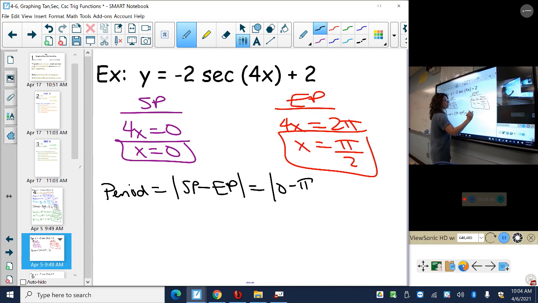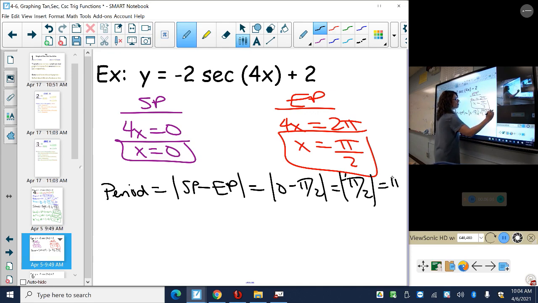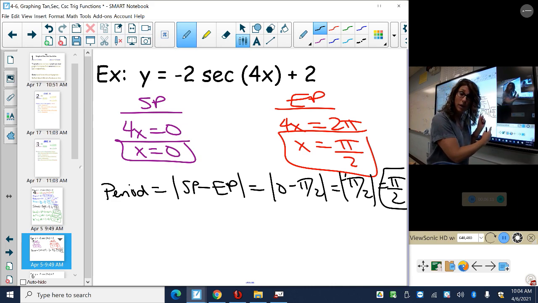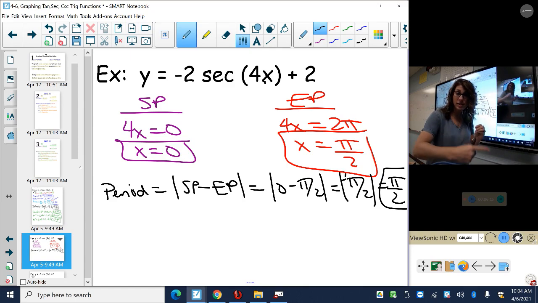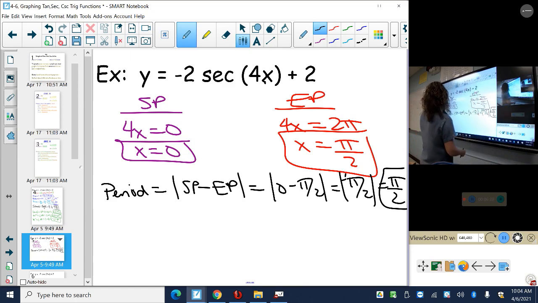So that's 0 minus pi over 2, which is negative pi over 2, which is just pi over 2. So I know I'm right. Okay? I didn't need to do this step because I wasn't adding or subtracting anything in the parentheses. But it's a good thing to constantly stay in the routine and do the same thing over and over again.